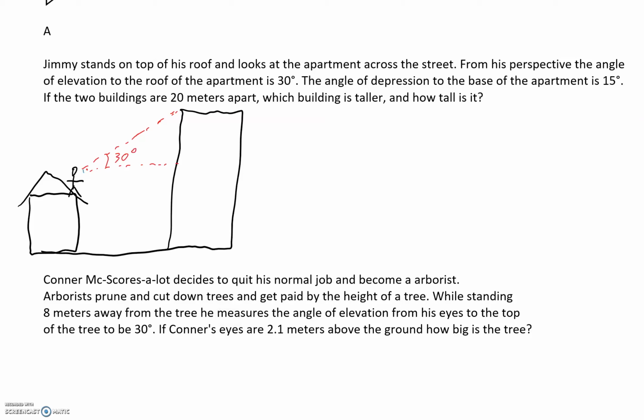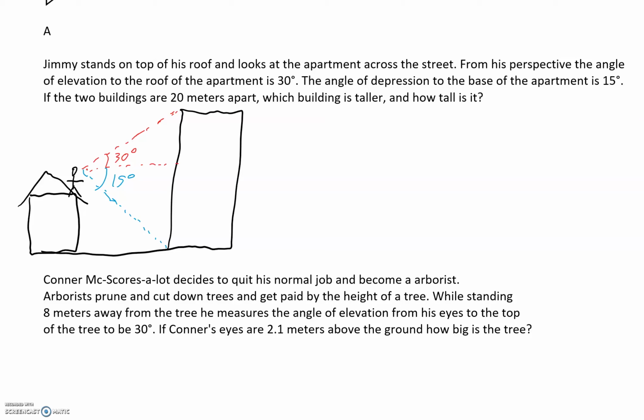And the angle of depression to the base of the apartment building is 15 degrees. So my drawing is not really to scale because 15 is smaller than 30, but there it is.